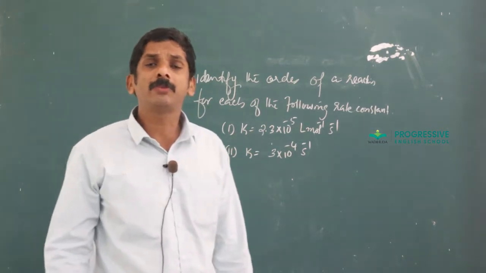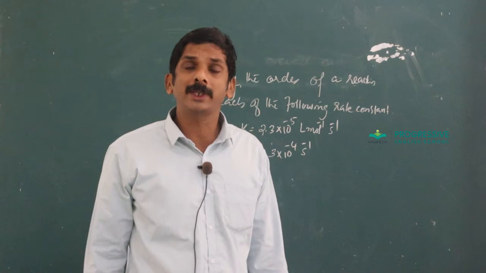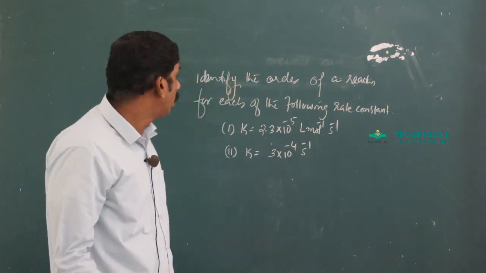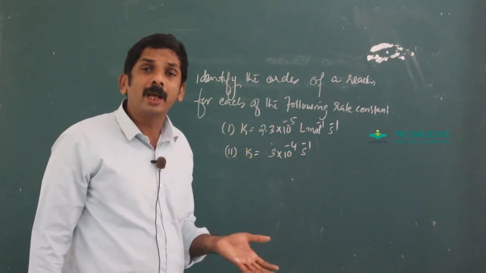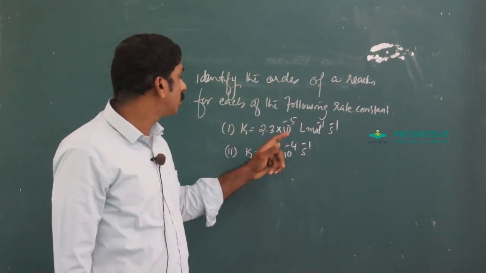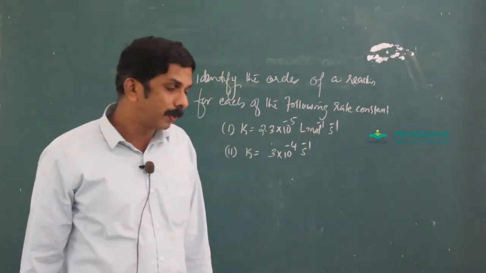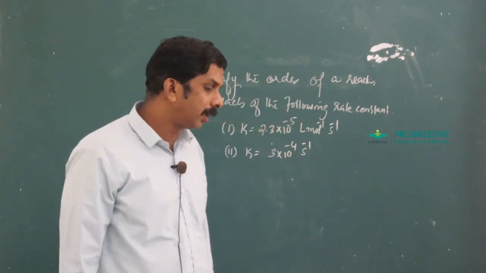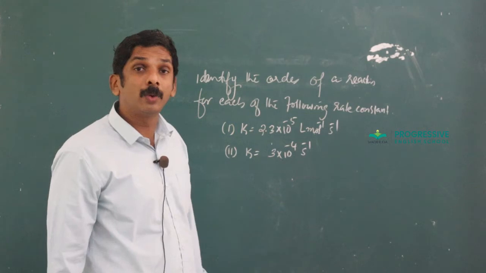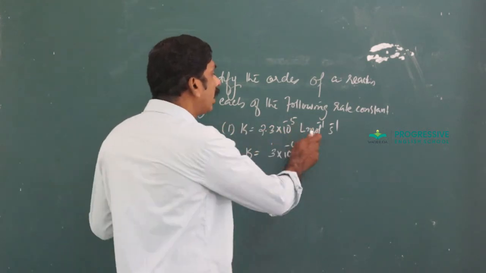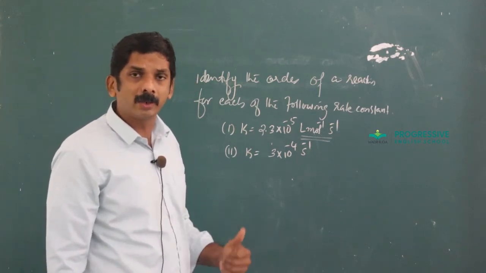Generally, the expression for unit of rate constant is mole raised to 1 minus n, liter raised to n minus 1, second inverse. For a zero order reaction, the unit of rate and rate constant are the same, that is moles per liter per second. Don't get confused: mole per liter per second is the unit of rate constant of a zero order reaction.